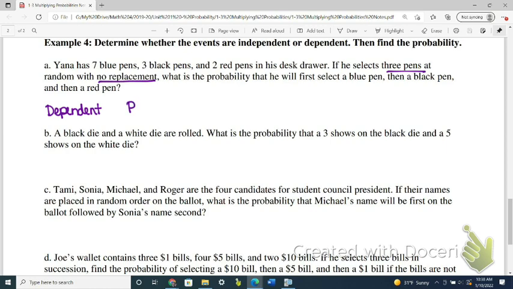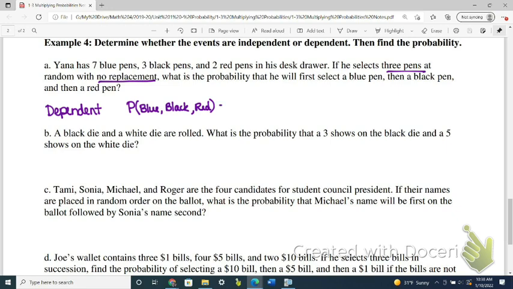So when we write this out, probability of blue, then black, and then red. When you're writing it out, always write down what is the probability you're looking for. He has 12 total pens.